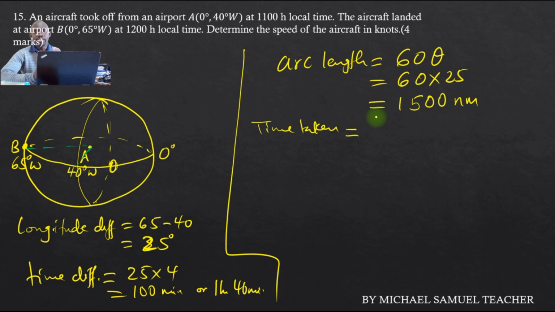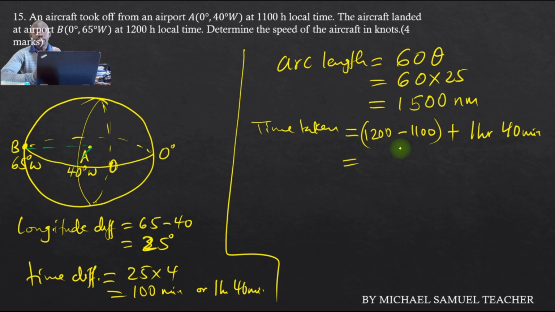So time taken, we have 12:00 hours minus 11:00 hours, since it took off at that point and landed. To determine the speed, we also have the time difference between airport A and airport B. So we have to add that time difference, which is 1 hour 40 minutes.